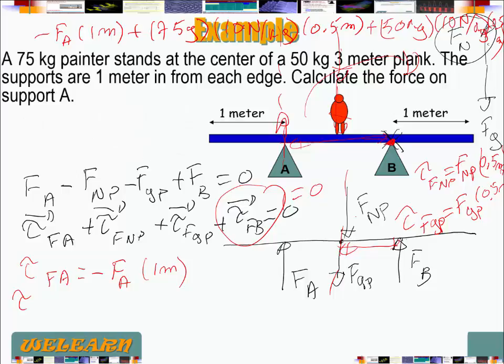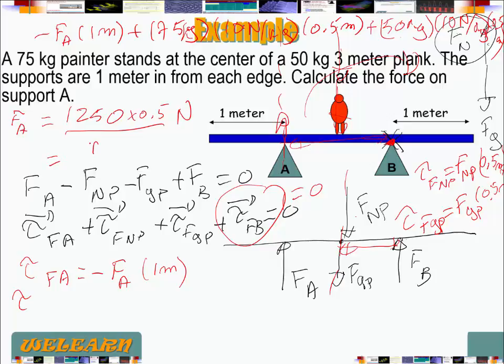So then that gives me FA is going to be equal to 75 times 10, that's 750 times 0.5, plus 50 times 10 times 0.5. So this is 75 plus 50, 125 times 10, 1,250 times 0.5 over 1 newtons.